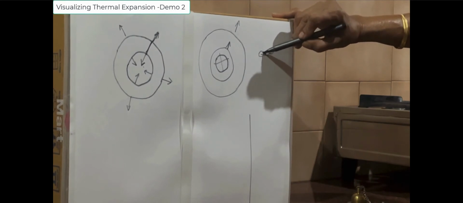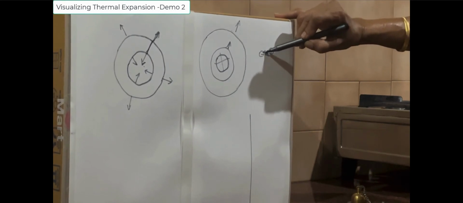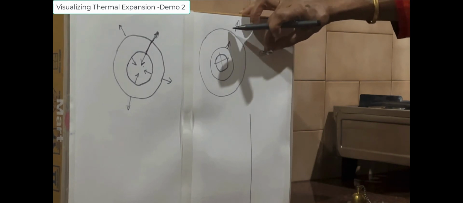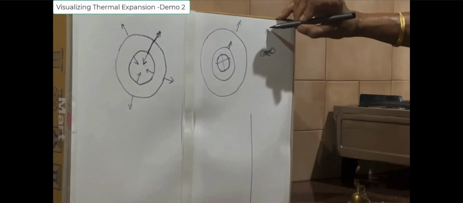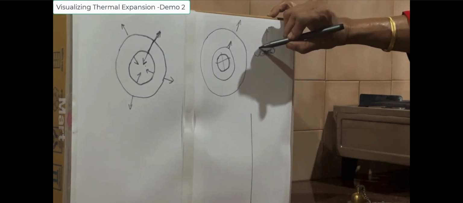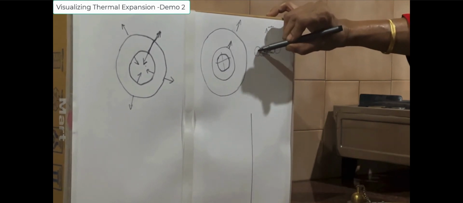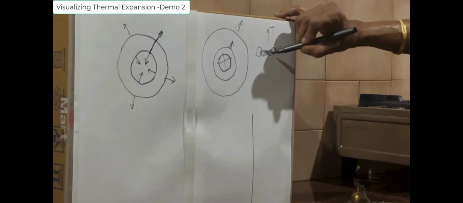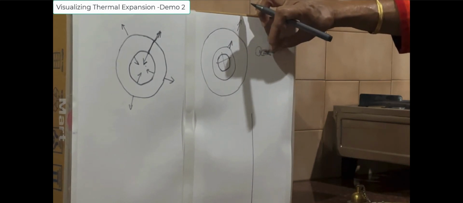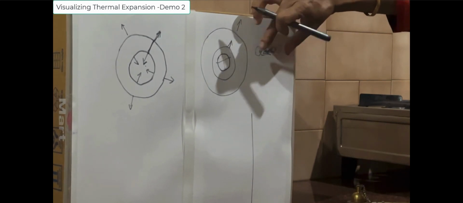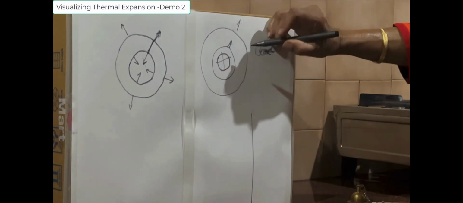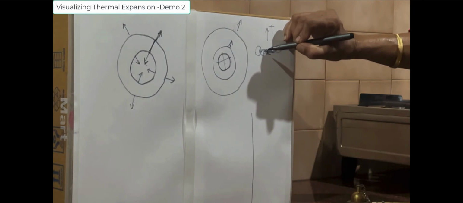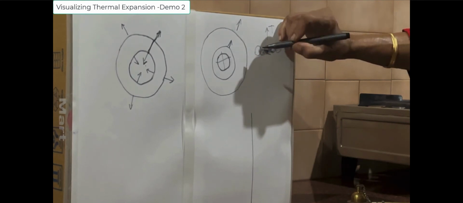effectively behave as if there is a spring between them, and these are vibrating. When the temperature increases, this vibration becomes even more, and therefore instead of vibrating like this, they are vibrating much more, and therefore the center of mass of this is not symmetrical.